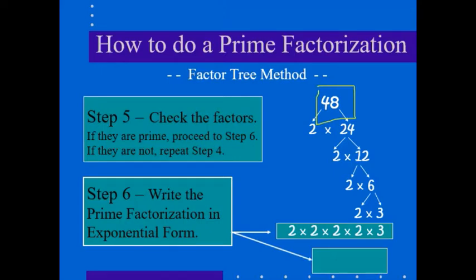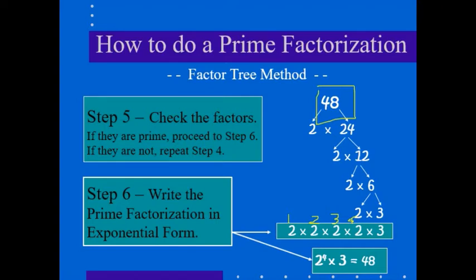So this is the prime factorization, and then we can condense this down into 2 to the power of 4, because we've got 1, 2, 3, 4 2's in our exponent form.